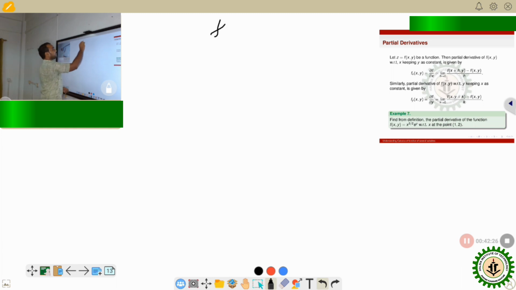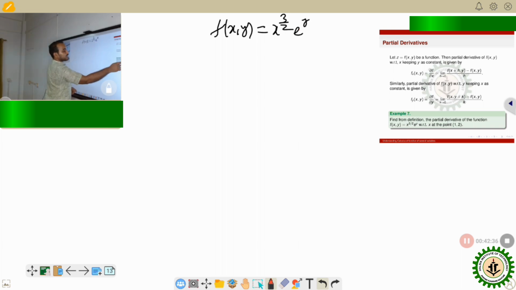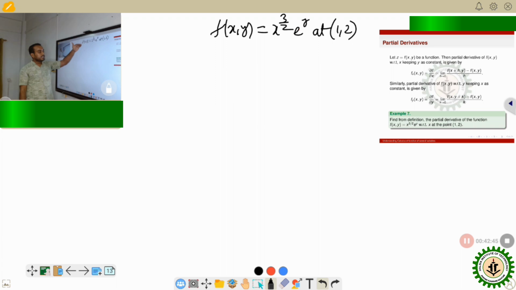So our function f of x, y is x to the power 3 by 2 times e to the power y, and we have to calculate with respect to x at the point 1, 2. First we calculate the partial derivative with respect to x, and after that we will put in the fixed point 1, 2.